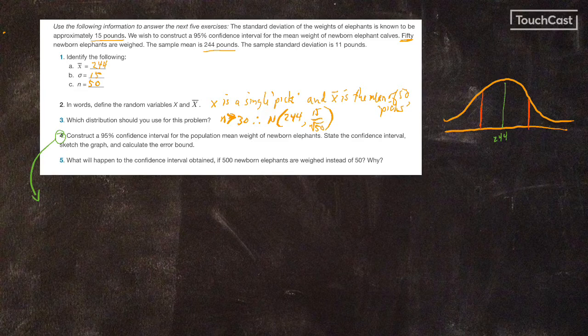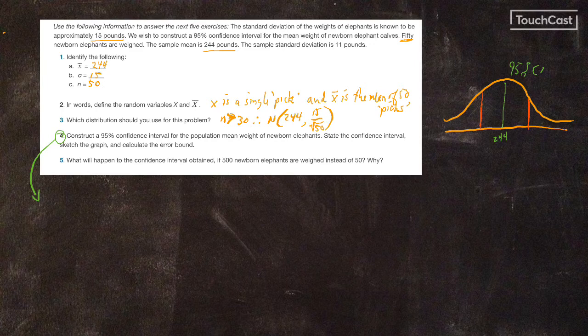So the first thing we want to do is standardize. Now we could just look at this and say, oh, it's the 68, 95, 99.7 rule, and therefore it's 2 standard deviations out from the mean. But let's be a little bit more precise with our calculation.